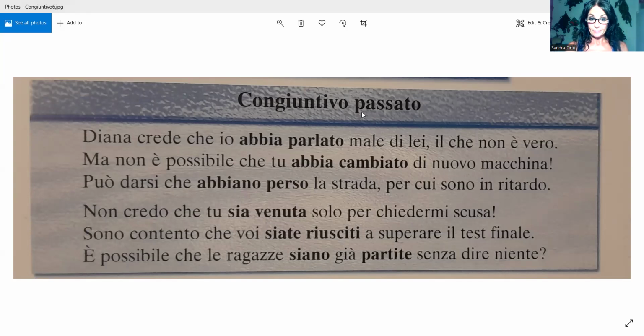Let me add something. Once you have got to this level, I do assume that you have quite a wide vocabulary, and you have done quite a few tenses before.